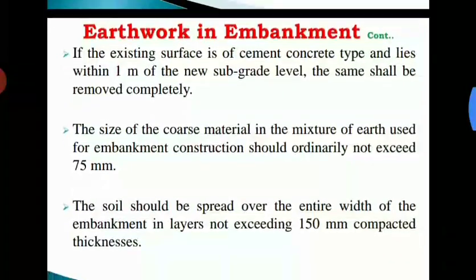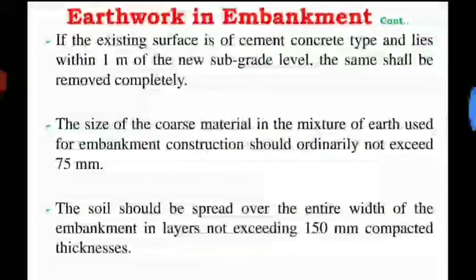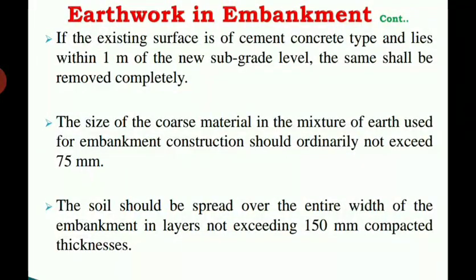And the next condition is, if the existing surface is of cement concrete type and lies within 1 meter of the new subgrade level, the same shall be removed completely. Here also we need to remove that top layer, then compact, and then place the new layer.